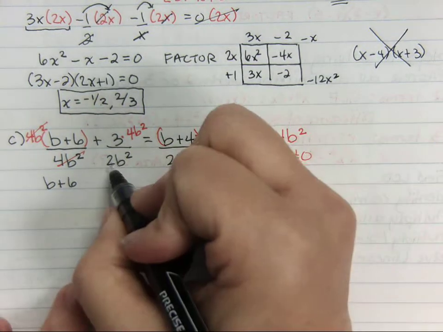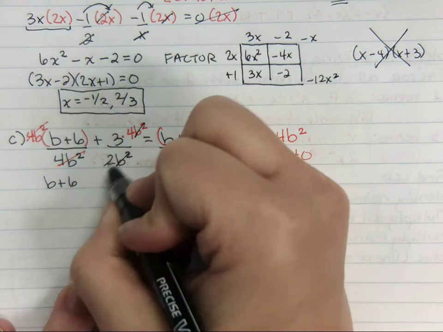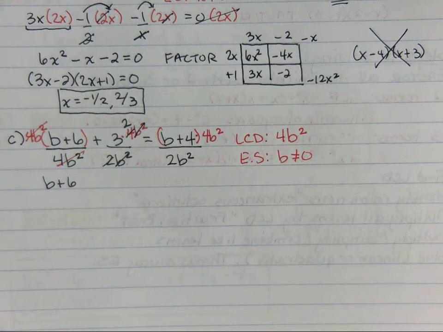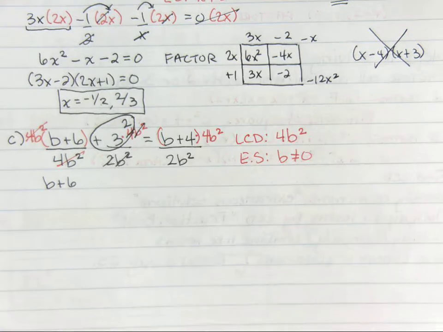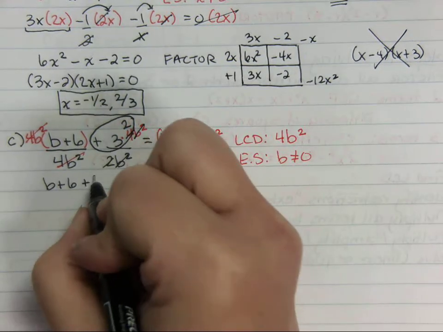But now when I cancel out these, the b squareds disappear, but 2 goes into 4 twice. And so when I simplify, I am going to be left with extra factors even though it didn't originally look like it. And you need to multiply everything that's left up top together. So you're going to get a plus 6 when you multiply.